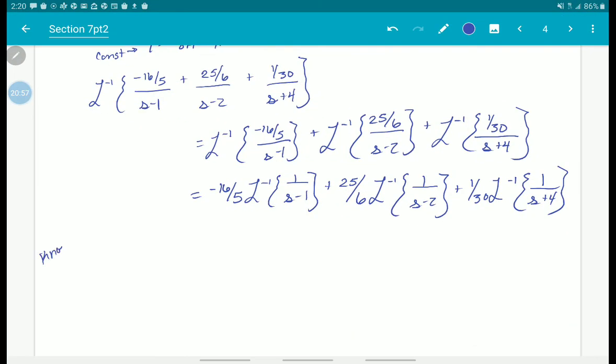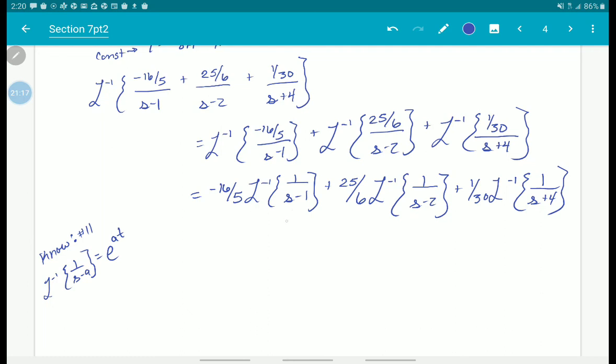So let's write what we know off to the side. This is coming from row 11. The inverse Laplace of 1 over s minus a is equal to e to the at. We just have to figure out what a is going to be.